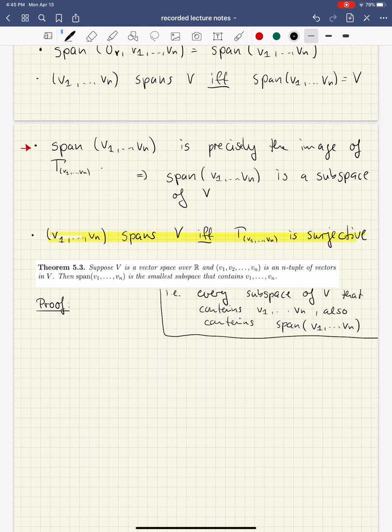And I think it's always a good idea to think about the theorem you want to prove first, and why this should be true, or what the intuition behind it is, before you really prove it. So what's the intuition here? Well, if you take a subspace of V that contains v1 through vn, we have shown that all linear combinations of v1 through vn should be in that space. This was a result we have shown in a previous lecture. And the span is just the collection of all these, and this is pretty much the result.